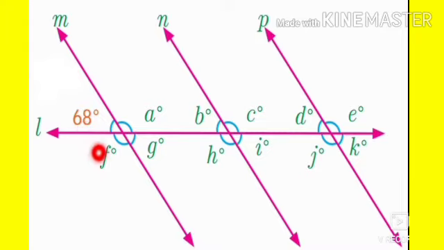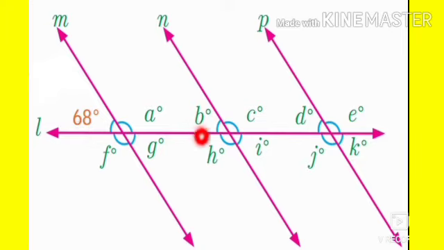And what about G degree? Here we know that 68 degree and G degree are vertically opposite angles. So vertically opposite angles have the same measurement. So G degree is equal to 68 degree.